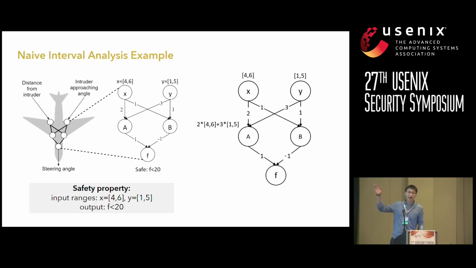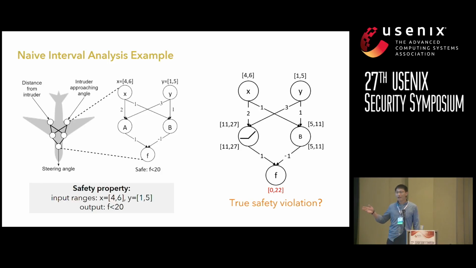Here, we first propagate the input interval to the hidden node A according to the weights, and we get a range of 11 to 27. After going through the ReLU, it stays the same because it's always larger than 0. The same process goes for B and F, and finally, we get an output range of 0 to 22. Now, the estimation shows there might be violations of this safety property.